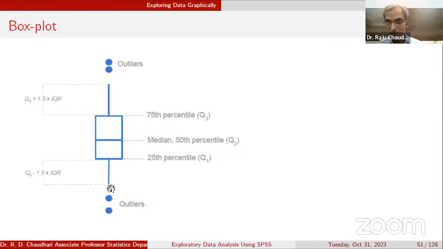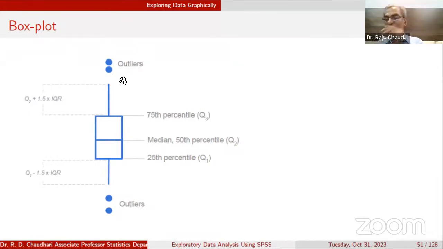So this endpoint is Q1 minus 1.5 IQR, right? Exactly the same way at the top, this endpoint is Q3 plus 1.5 IQR. And any observation above that is known as an outlier. So this is how we can understand the box plot.